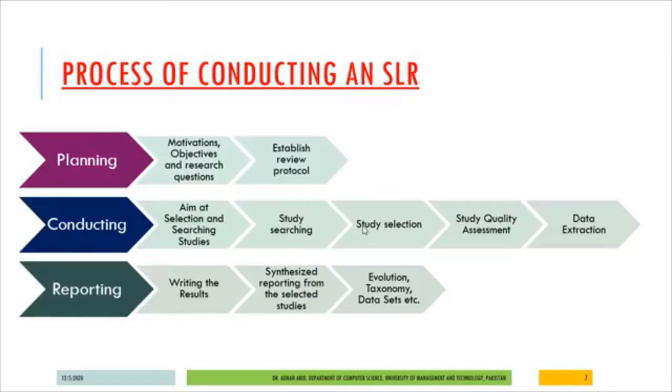The process of conducting an SLR comprises three main steps: planning, conducting, and reporting. In planning, we have to have a good motivation and objectives to conduct an SLR. For instance, it's very important to find whether we already have an SLR in the area that we are going to cover.